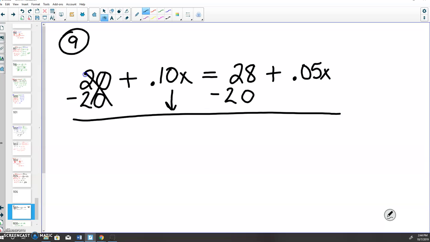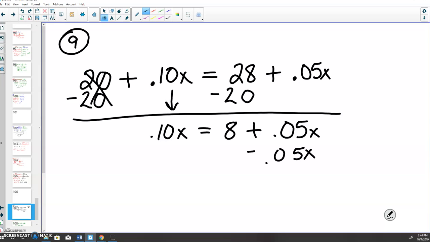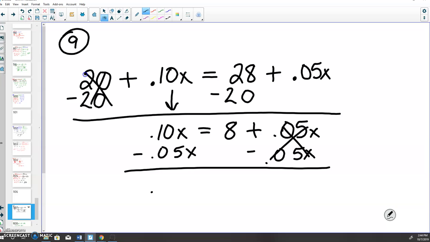So you're left with, drop that down, 10 cents x equals $8 plus 5 cents x, and I don't know how many 5 cents I have. Now I've got to move 5 cents x to the left. How am I going to move it to the left? Yep, you add or subtract to move stuff to the left or right. So 10 cents minus 5 cents is what? 5 cents. So 5 cents times x equals 8.